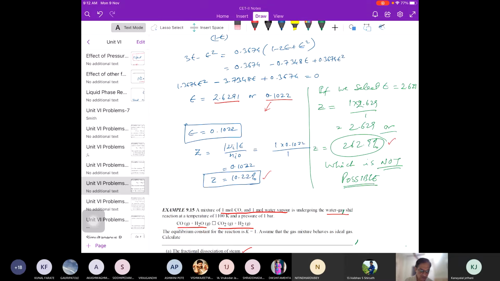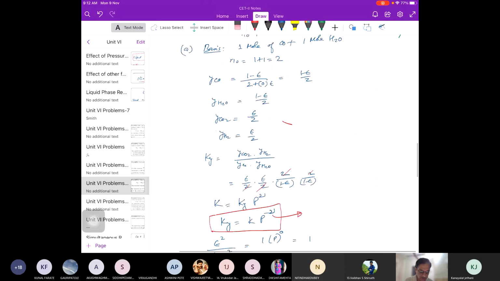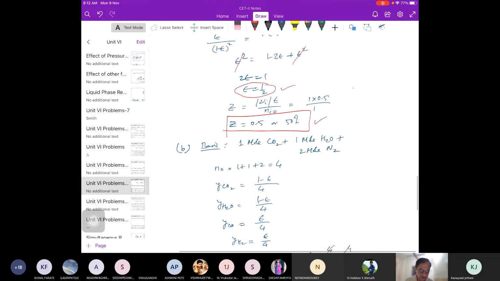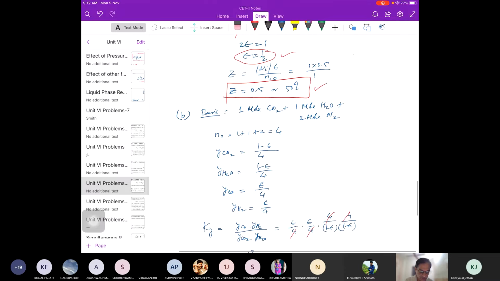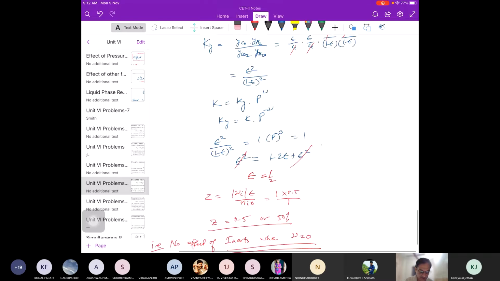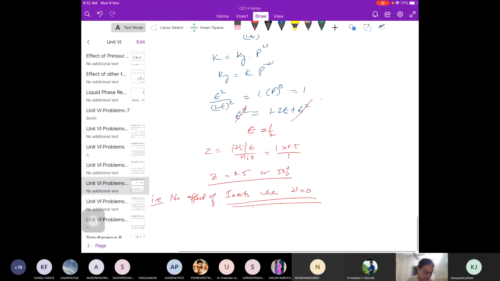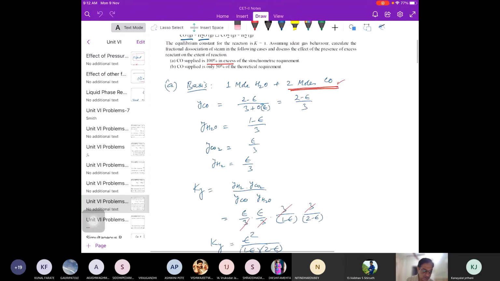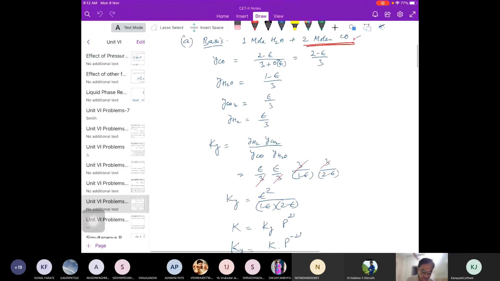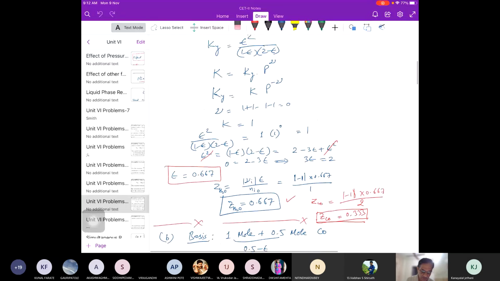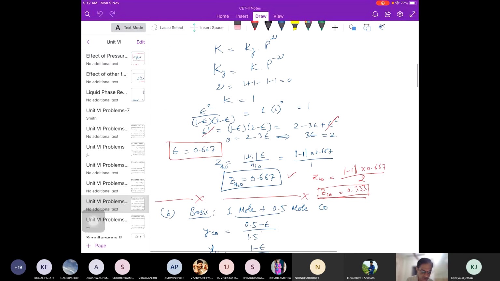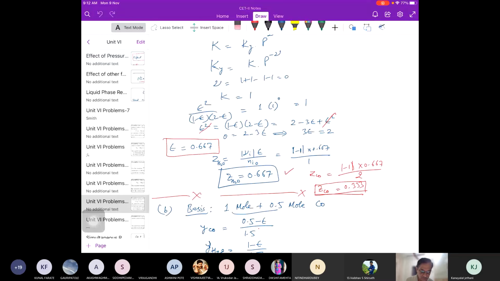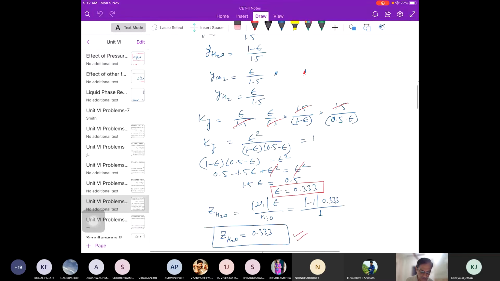ठीक है, then in this case epsilon was only one value, यहाँ भी एक ही value था. In this case again epsilon was only one value, right? So no question, no problem.